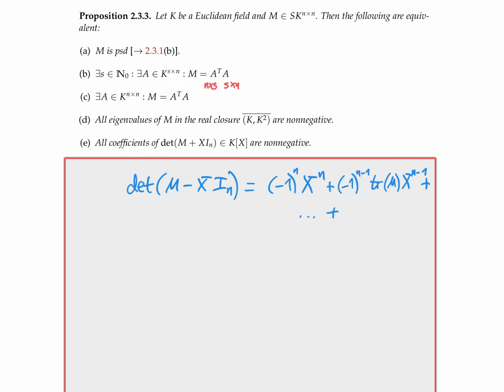And the last thing would be the determinant of M. So that's maybe how you know it.